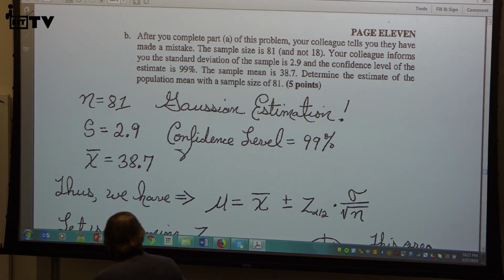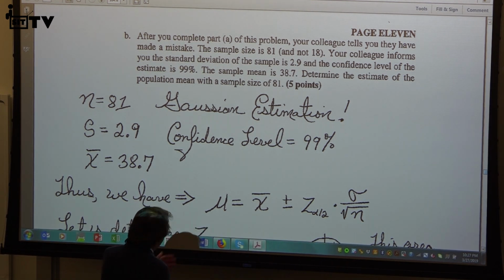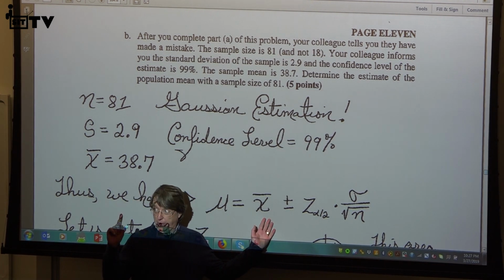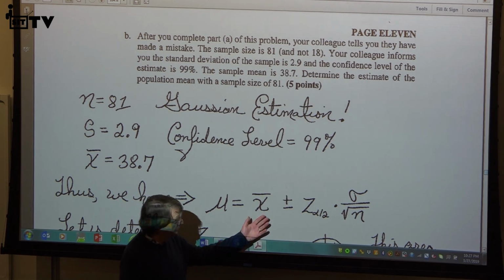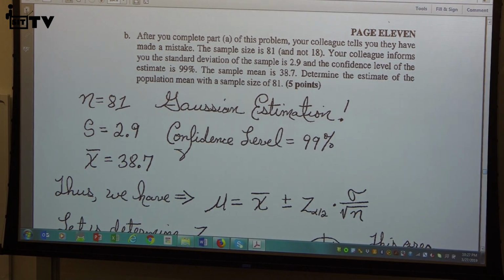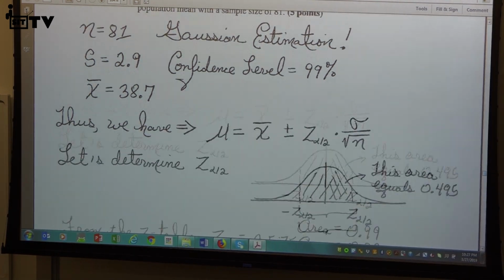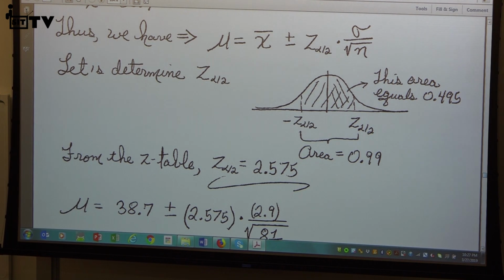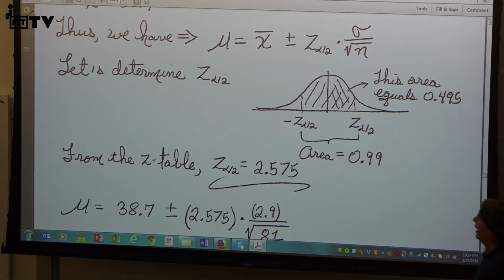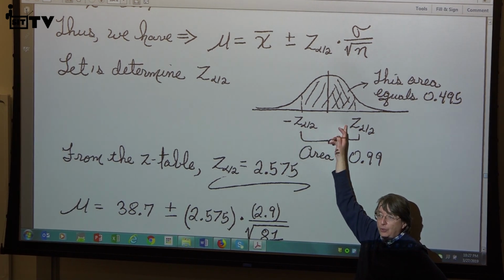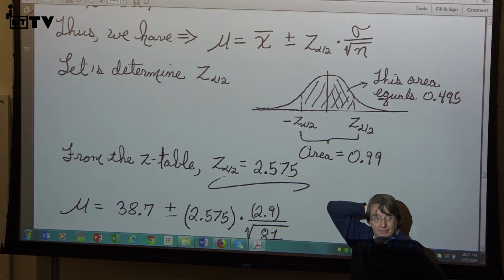Okay, so here, everything is the same except n is now 81, which means I got to go to a different table. So this is this here. So Magdalena, Justin, Matt, everyone here tonight, I now have to pick minus and plus Z alpha over 2 to get 0.99.